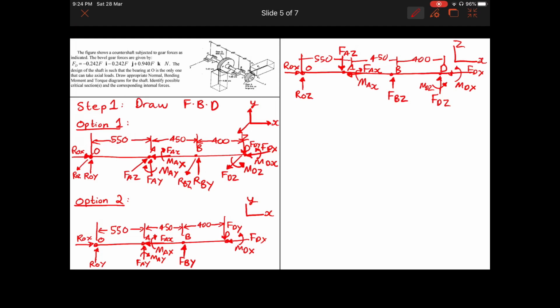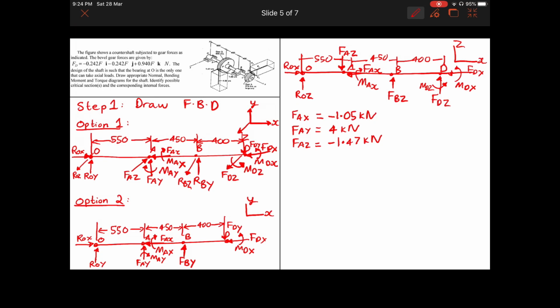So first of all, forces. FAX is given to us, and the value is negative 1.05 kilonewton. That's because the direction is against the positive x. And FAY is equal to 4 kilonewton, that is positive, and FAZ is equal to minus 1.47 kilonewtons.